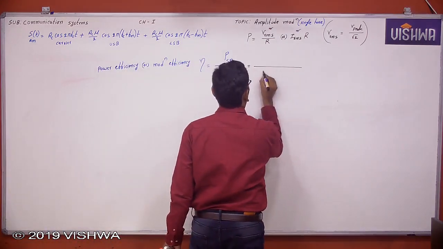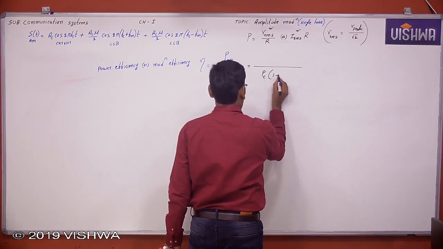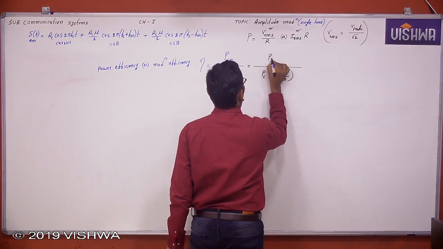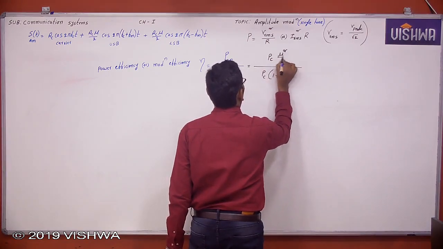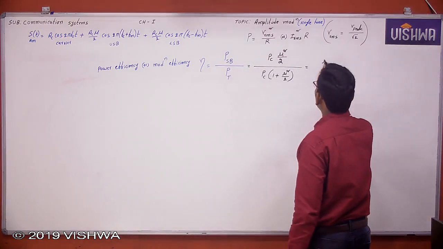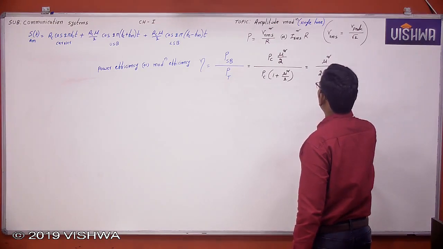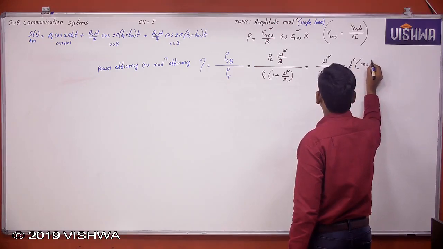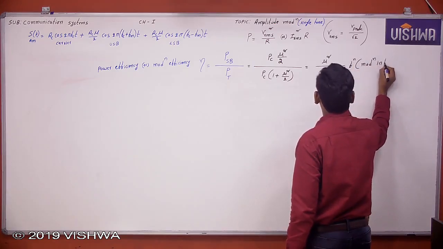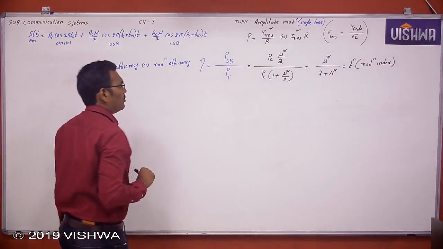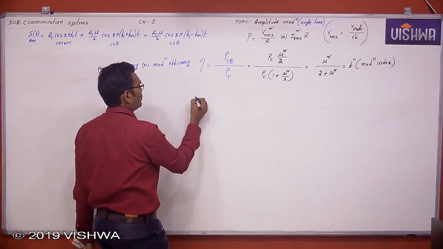The total power is Pc into 1 plus mu square by 2, and the sideband power is Pc into mu square by 2. Pc cancels, which gives mu square by 2 plus mu square, which is the function of modulation index. Now, what is the maximum modulation efficiency?